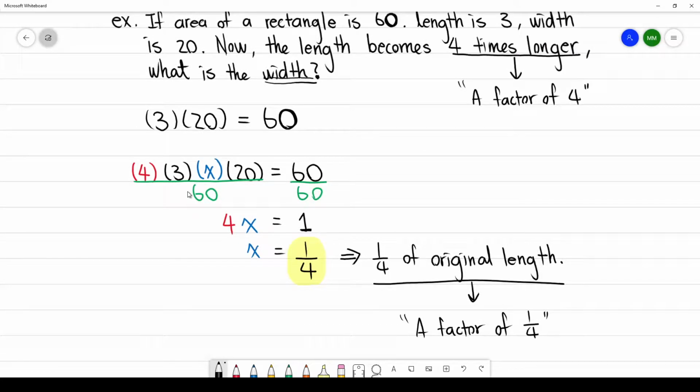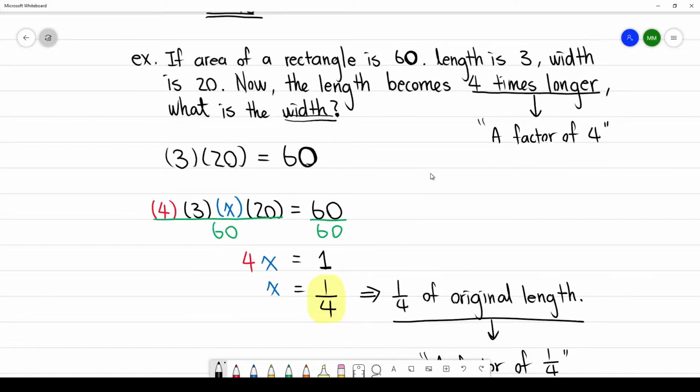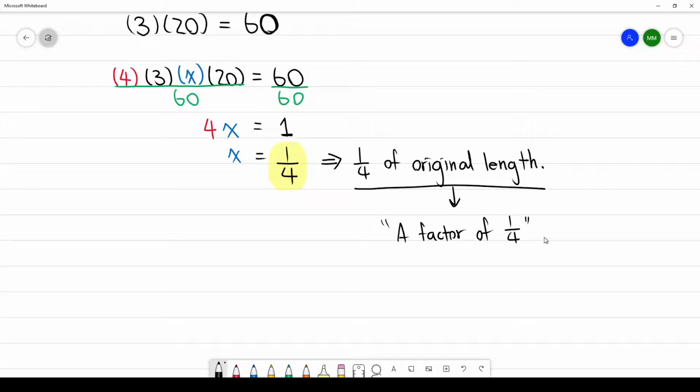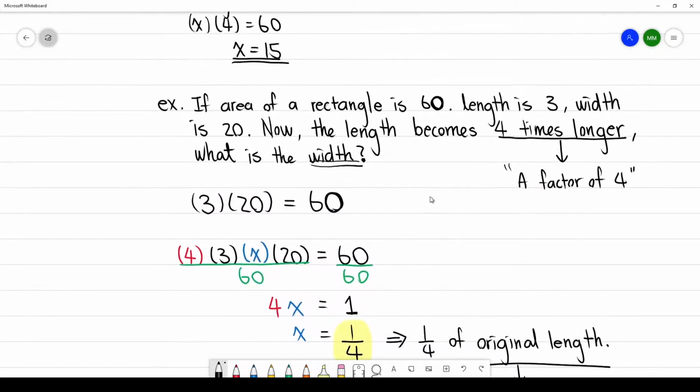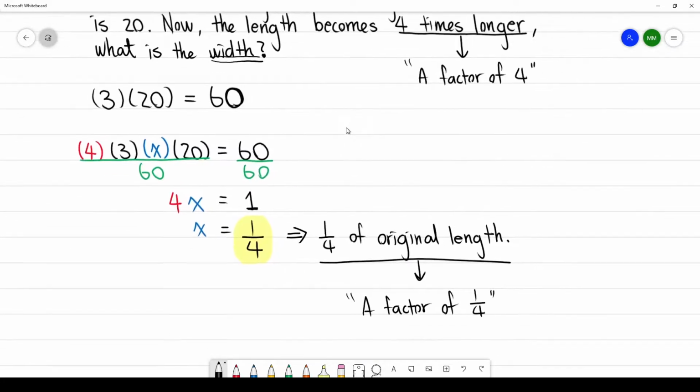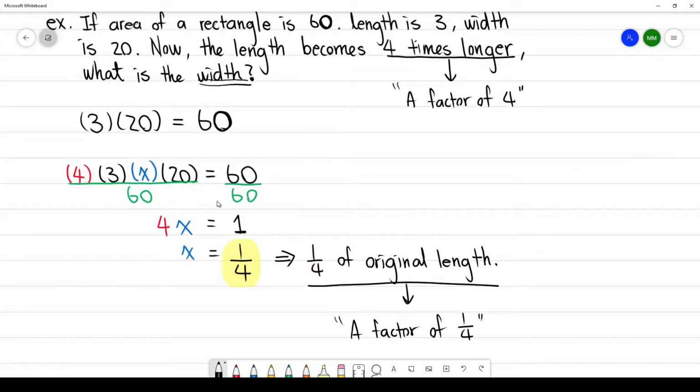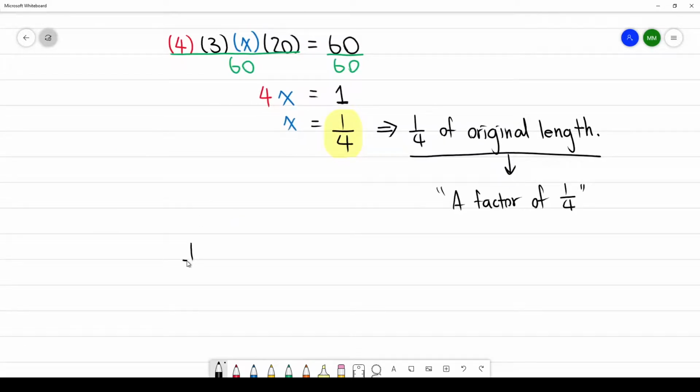When something doubles, it's increased by a factor of 2, or when something is tripled, then it's a factor of 3, or if something is halved, so 1/2 of its original, then it's a factor of 1 over 2, a factor of 1 over 3, something like that. And again, as I was saying, when you have 1 over 4 times w, that is exactly the same as w divided by 4. That has to do with fractions, right? Something fraction times this, you just put it in the numerator. So w divided by 4.